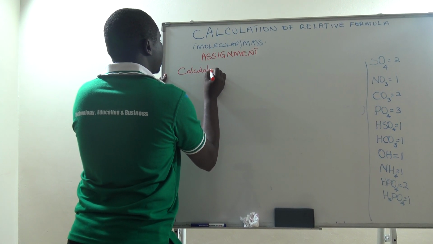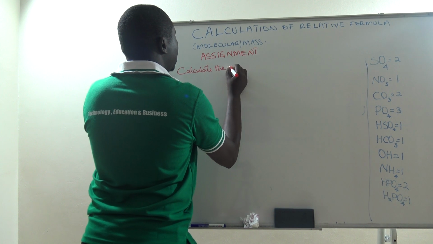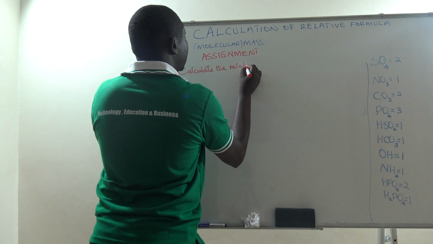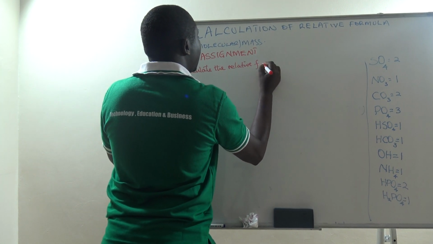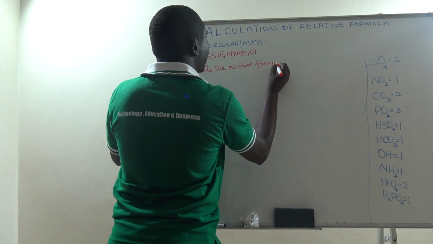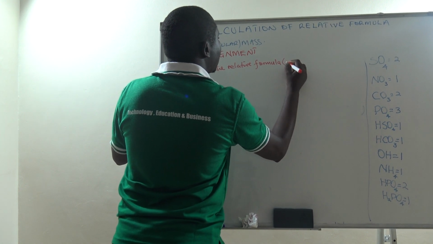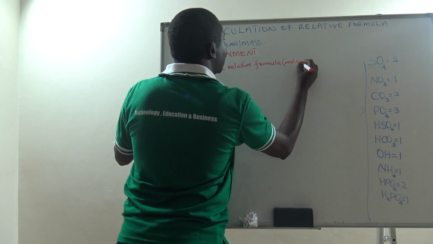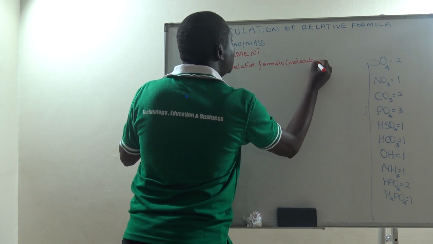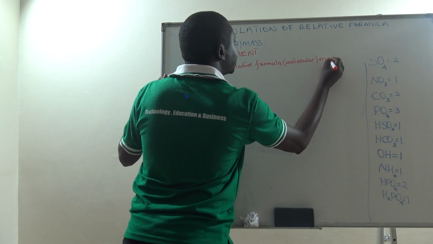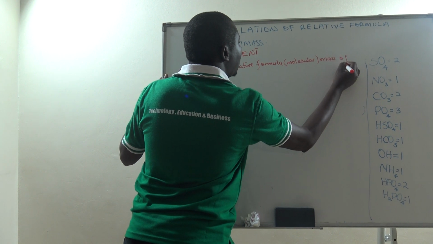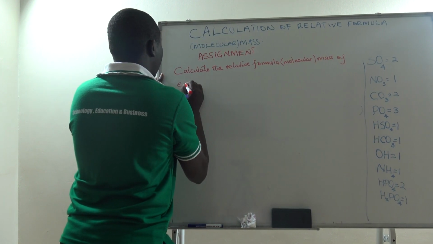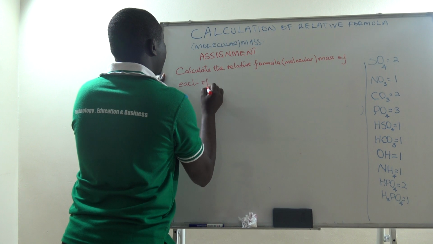Calculate the relative formula mass if it is an ionic compound, or relative molecular mass, of each of the following.